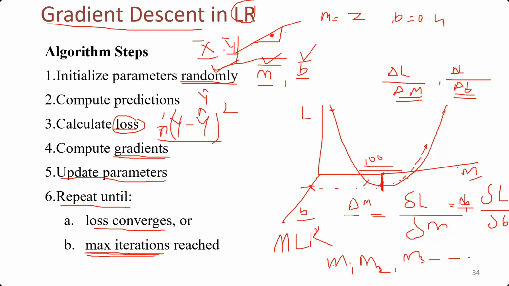So m1 is with respect to the first independent variable, m2 with respect to the second, and m3 with respect to the third. Depending on the type of regression analysis, we have these values. Then we update the parameters and repeat until it converges to the global minimum value, or we reach the maximum number of iterations.